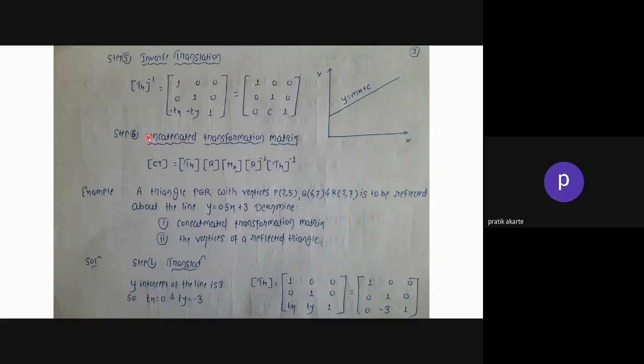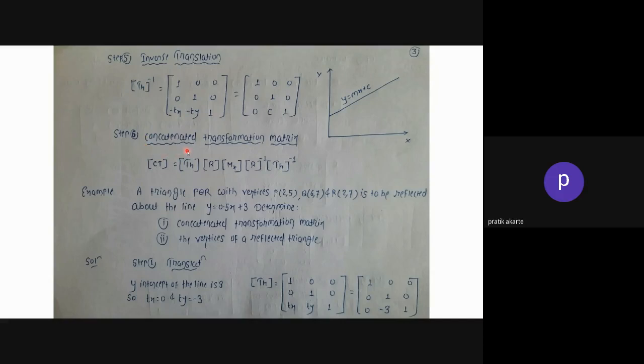And then if we want to find the concatenated transformation matrix, your final answer will be the multiplication of step number 1, that is translation, step number 2, rotation, step number 3, mirror or reflection, step number 4, inverse rotation, step number 5, inverse translation. All these matrices that we have formulated for making the reflection have to be multiplied, and then we will get the concatenated transformation matrix.